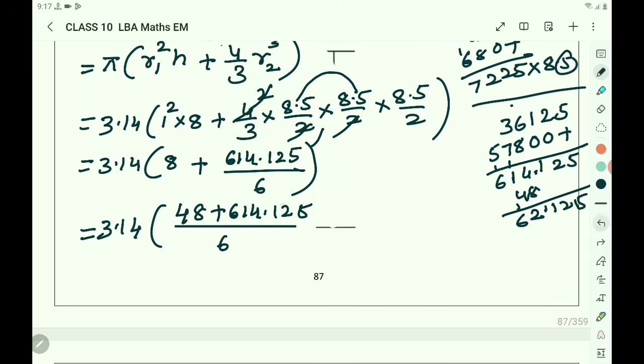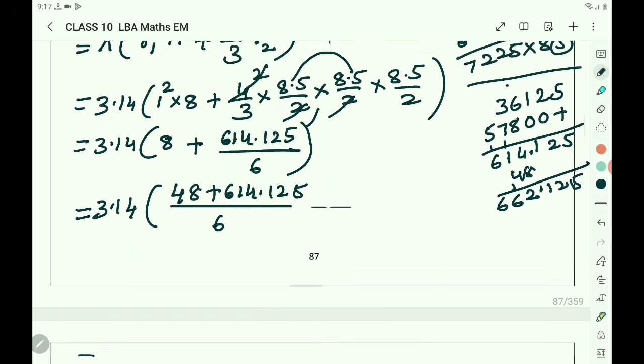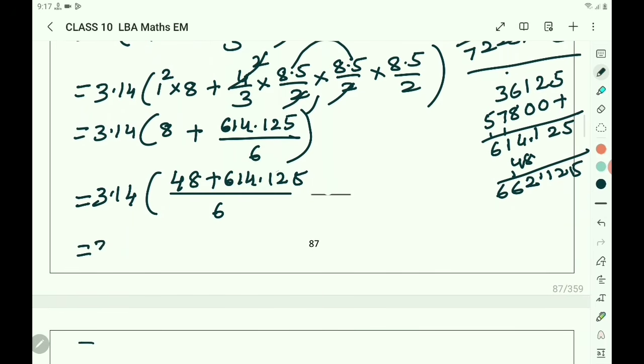And this 6. That equals 3.14 into 662.125 by 6. Now you divide 662.125 by 6.